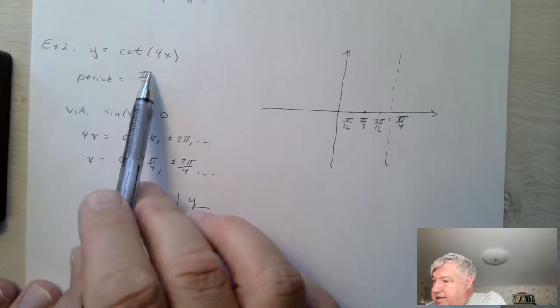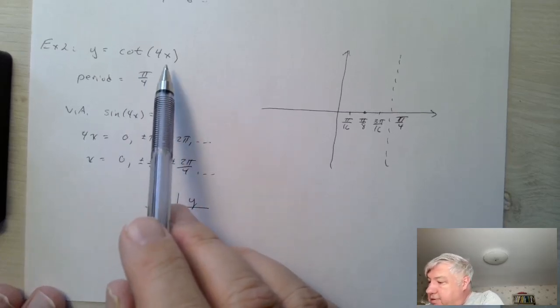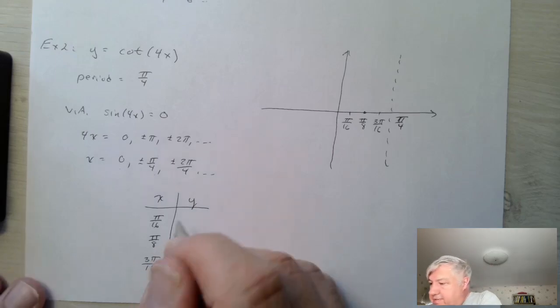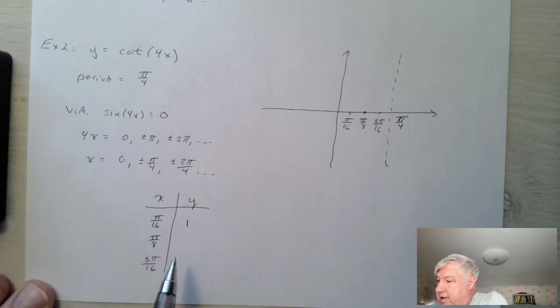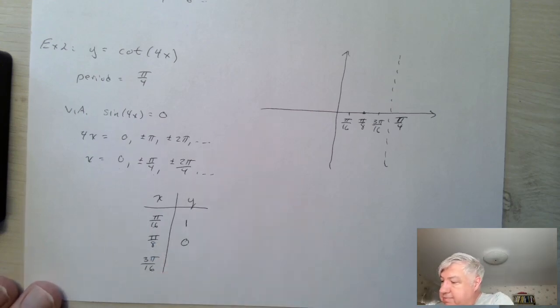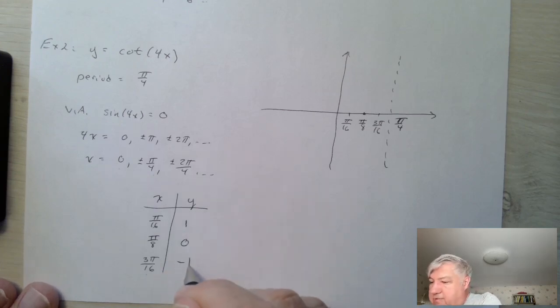And when you plug that in here, you get the cotangent of pi over 4, that is 1. The cotangent of 4 times pi over 8, that's the cotangent of pi over 2, that's 0. And then when you plug in 3 pi over 16, that will be the cotangent of 3 pi over 4, that is going to be negative 1.